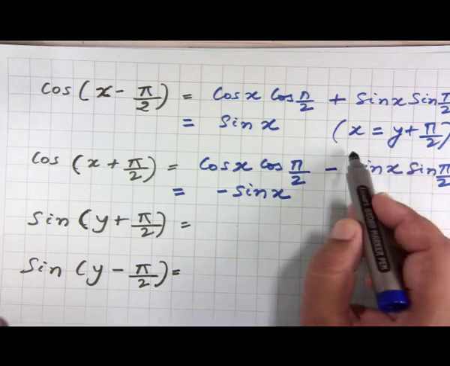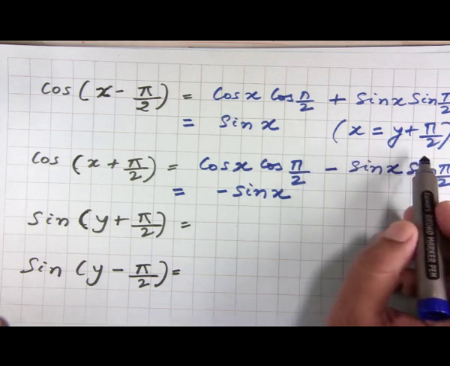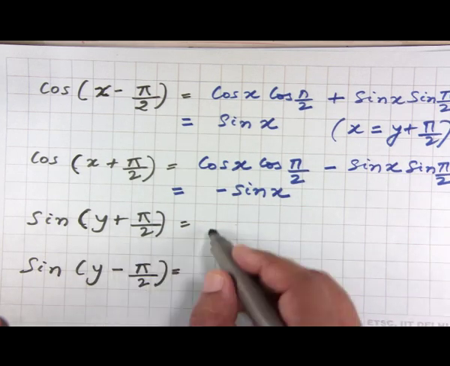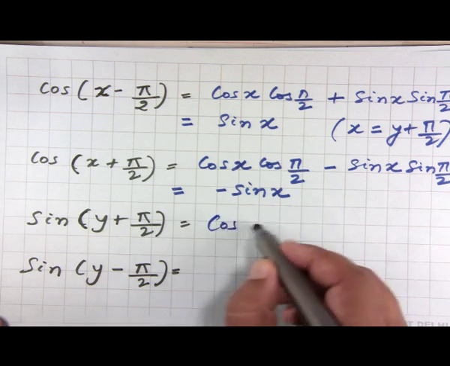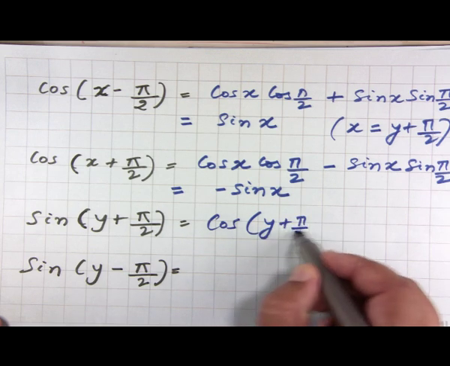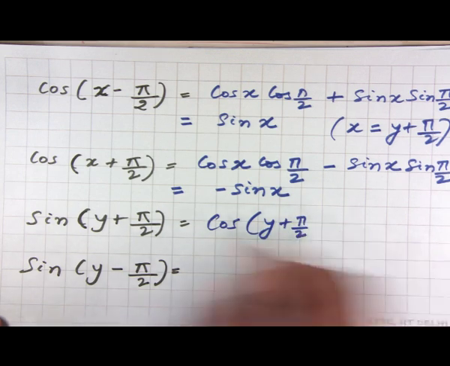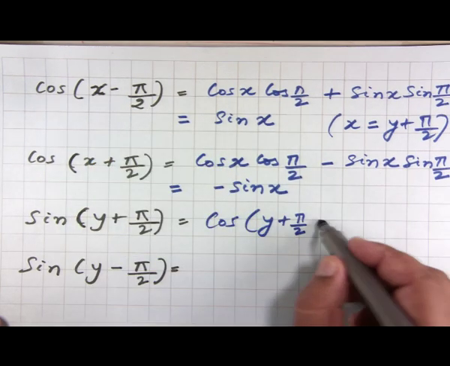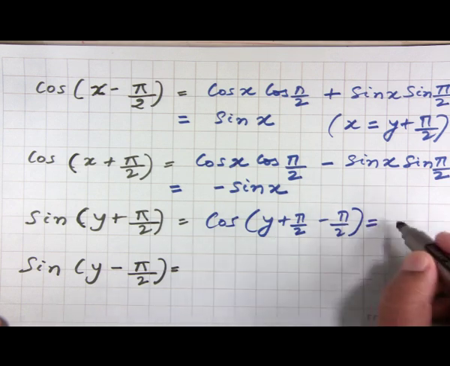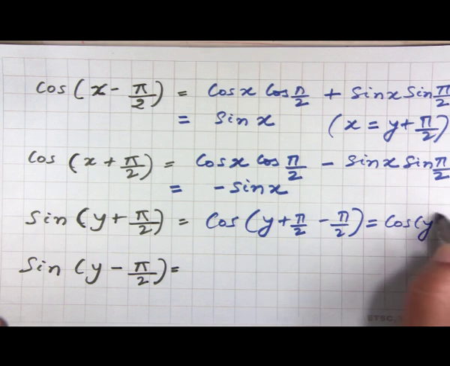So, we are using this substitution here. Therefore, sin of y plus pi by 2 is equal to cos of, instead of x we put y plus pi by 2 and then minus pi by 2 here. So, it is simply cos of y.